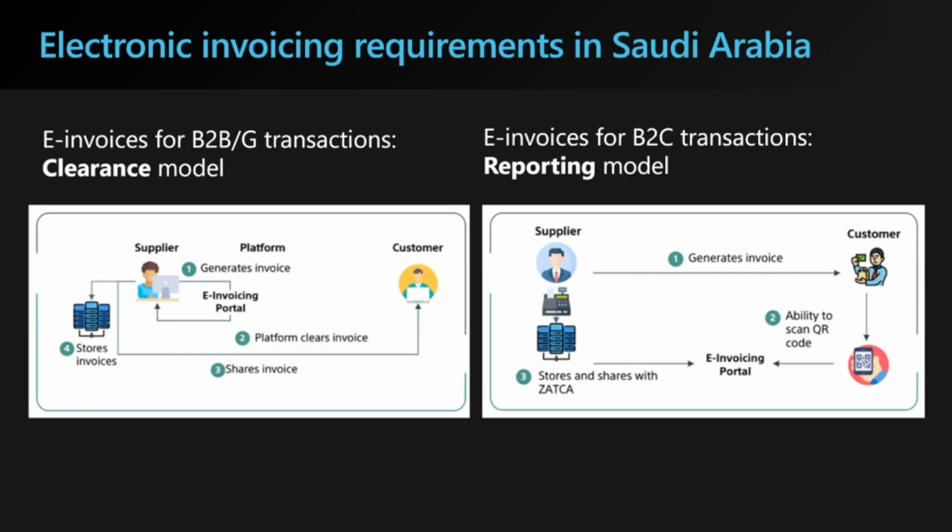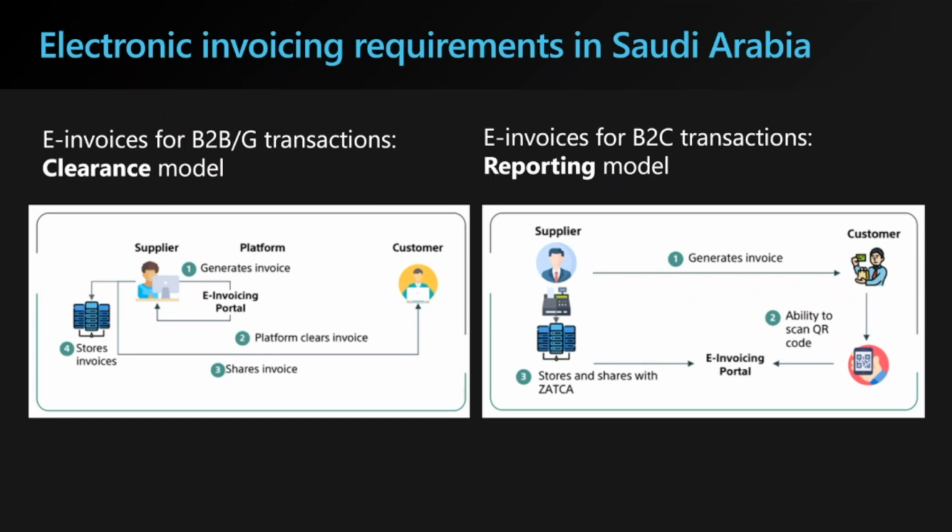Then ZATCA validates this invoice and, in case of successful validation, updates this invoice with a so-called cryptographic stamp and with a QR code, and sends this updated invoice back to the seller. After that, the seller can share this cleared invoice with the buyer.